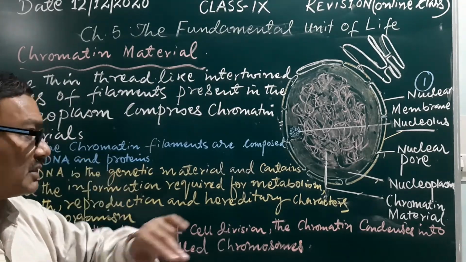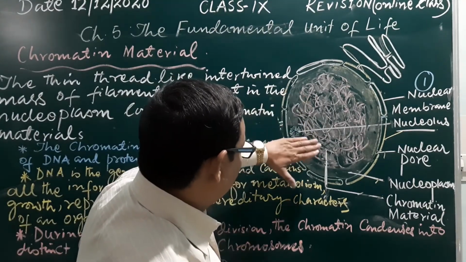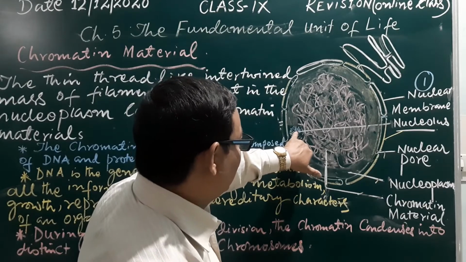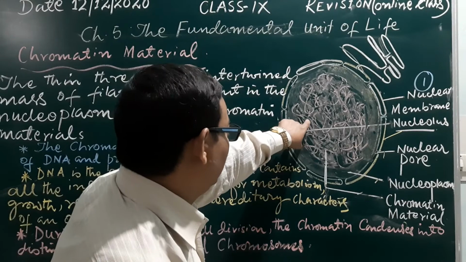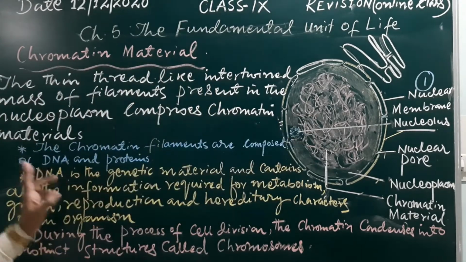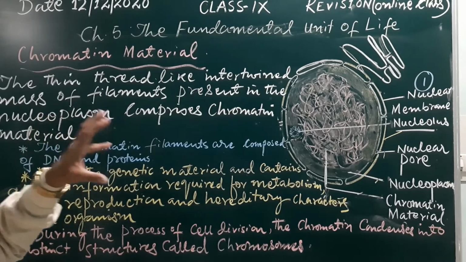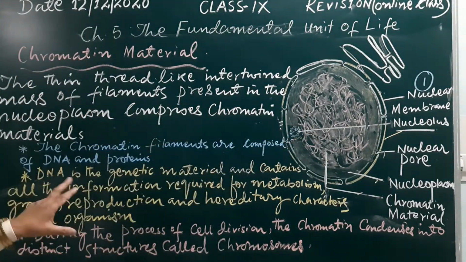In the nucleolus there is RNA, and within this chromatin thread there is DNA. That means both DNA and RNA are here within the nucleus.